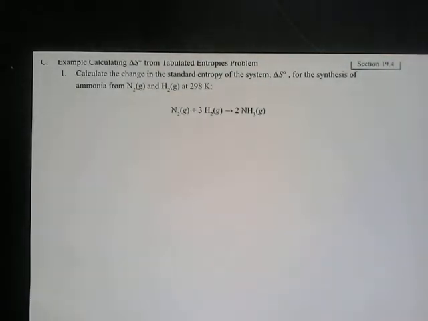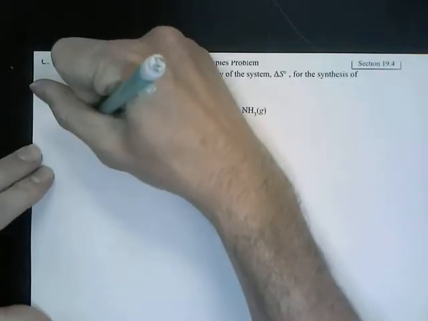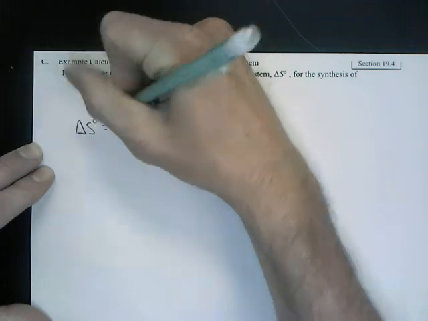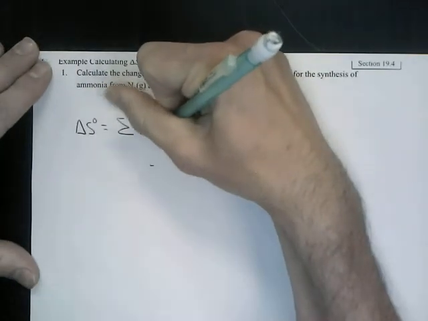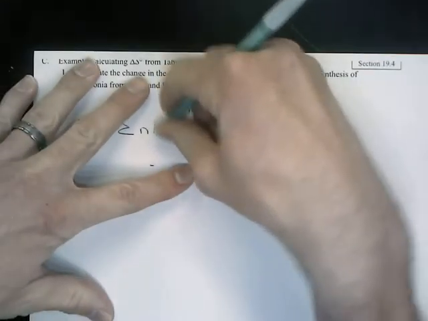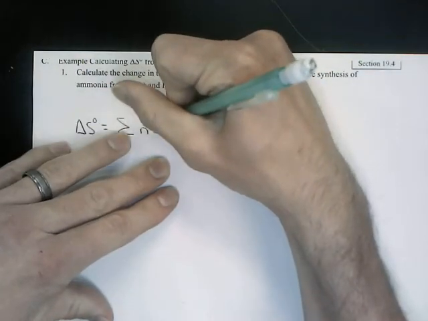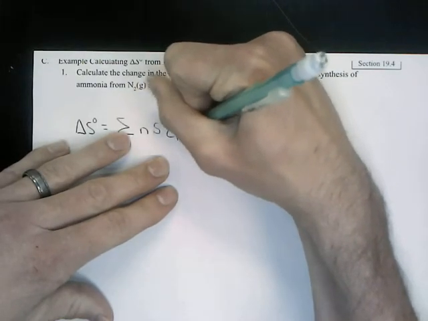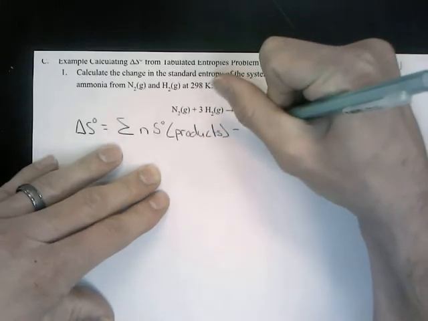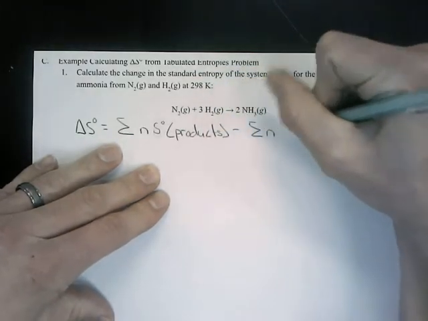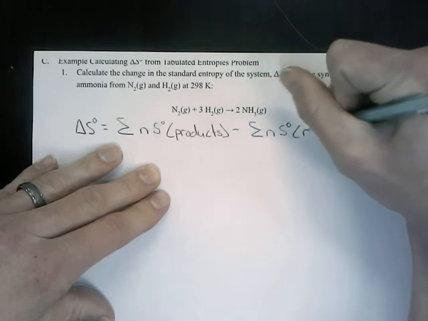Now, I want to point out a couple of things. I'm going to write the formula down just so we have an idea: delta S degree is equal to the sum of the number of moles times the S values of your products, make sure we put products, minus the sum of the number of moles times the S values of your reactants.